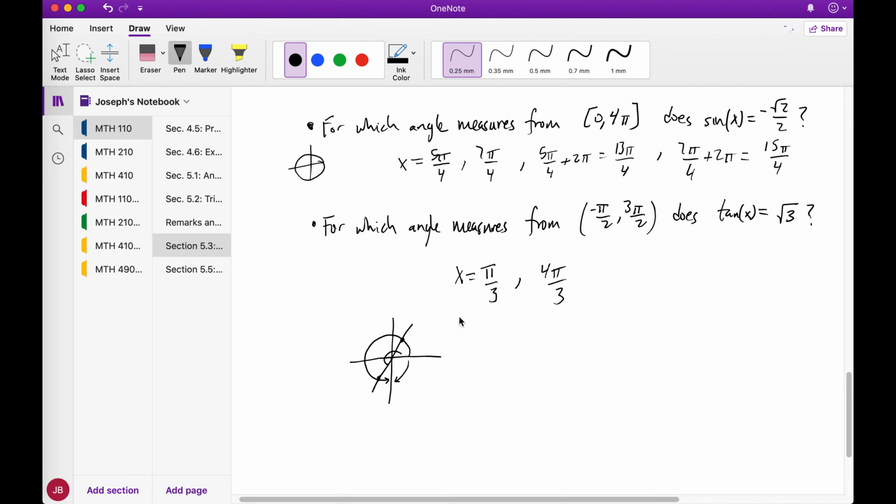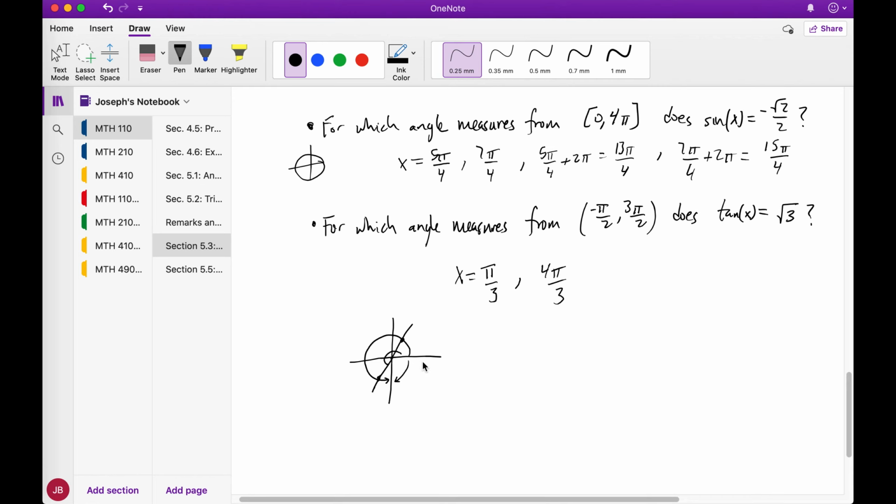Now we just need to determine if there's any angle here that'll give us root 3 in the tangent function. And the answer is no, because in quadrant 4, which is where the angle would have to be, we know tangent is negative, so it can't possibly spit out positive root 3.